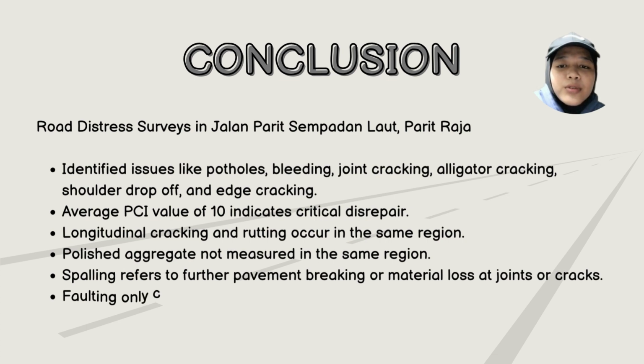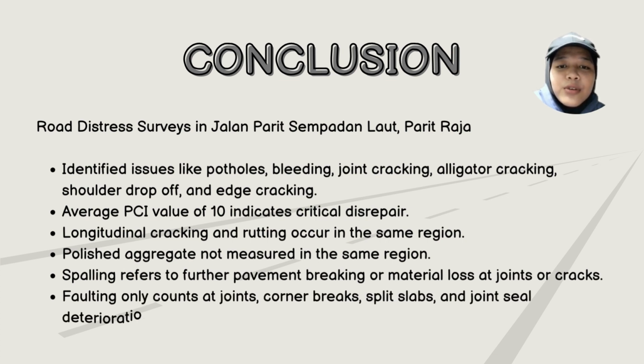The survey also revealed that longitudinal cracking and rutting occur in the same region, but polished aggregate is not measured in the same region. Spalling refers to further pavement breaking or material loss at joints or cracks.